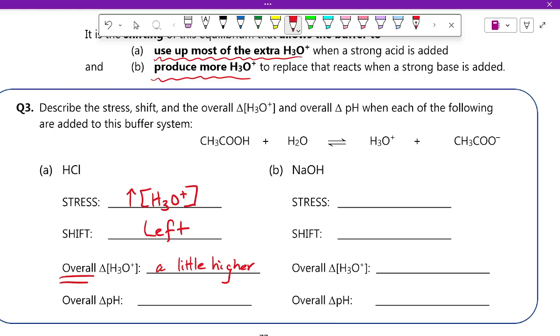We're going to have graphs in a moment, so I won't draw it here. It's like up and then down, but not quite to where it got to before. And what happens to our overall change in pH? It is a little lower, but not much. Okay, we've minimized the change.